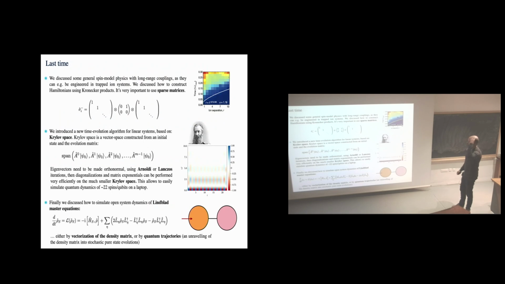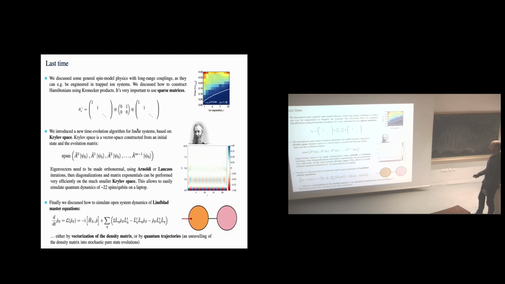Okay, so as always, let me review what we did last time to put it into perspective. Last time I discussed how to construct, in a practical way, a Hamiltonian using sparse matrices and Kronecker products. The example application was a long-range interacting spin model, where you have a competition between short-range nearest neighbor physics and long-range terms.